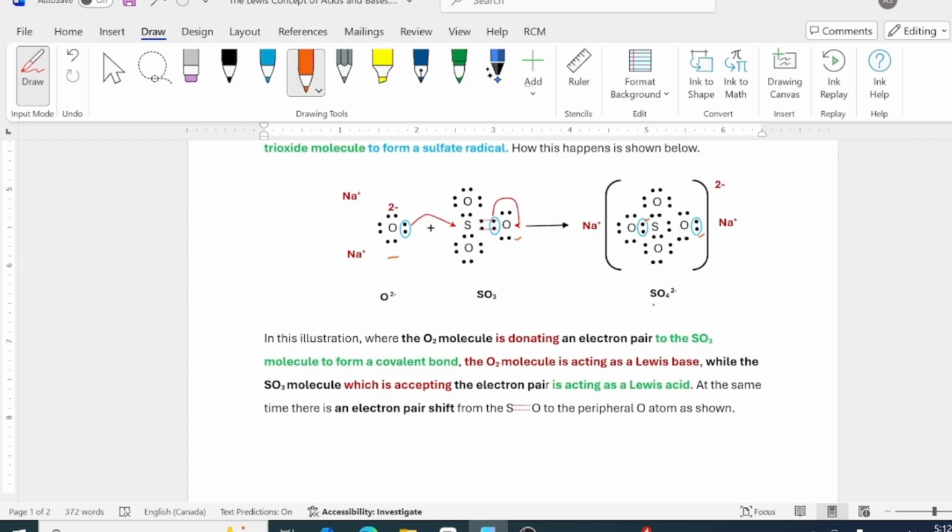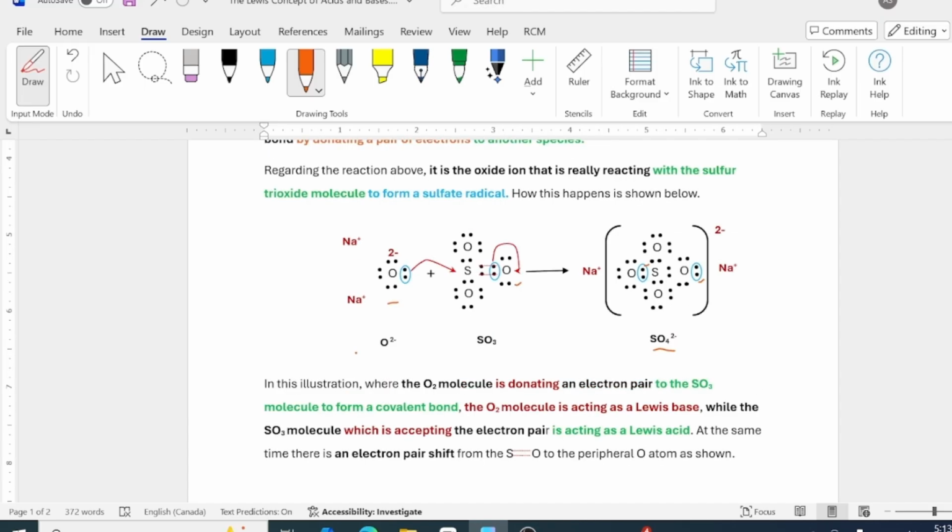So in the end, you have a sulfate radical with the two negative charges. So this is how the Lewis theory of acids and bases is established. The species that donates a pair of electrons to form a covalent bond is called a base, and the one that accepts the electrons is called the Lewis acid.